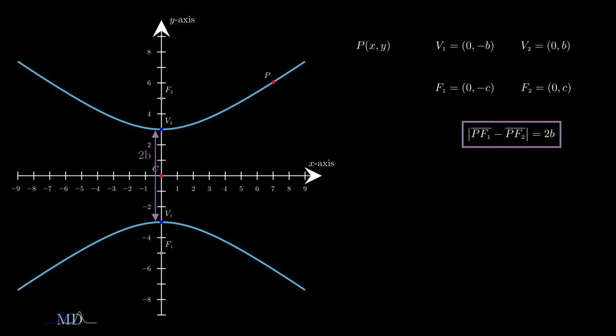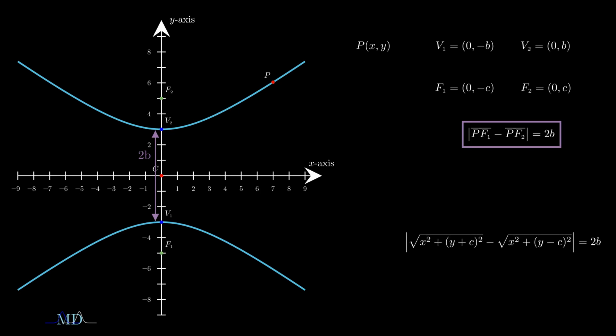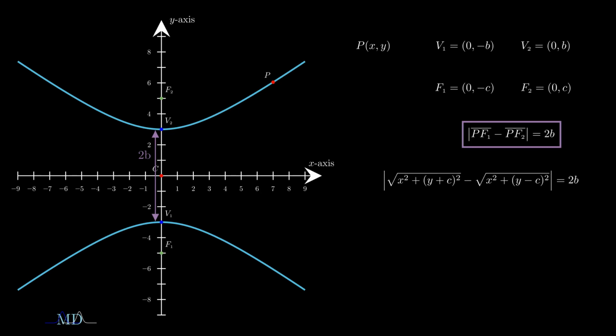We calculate the two distances PF1 and PF2. PF1 is equal to the square root of x squared plus (y plus c) squared, while PF2 is equal to the square root of x squared plus (y minus c) squared. Therefore the absolute value of the difference between these two quantities is equal to 2b.